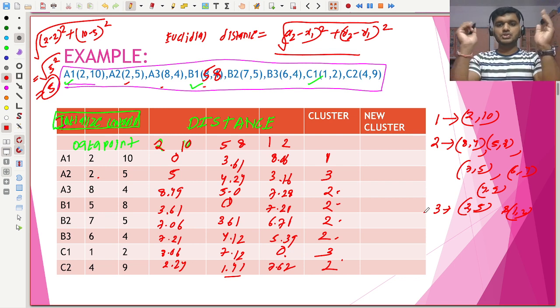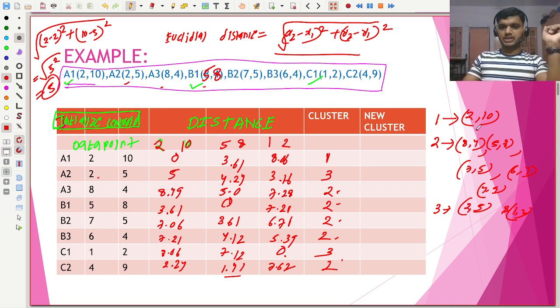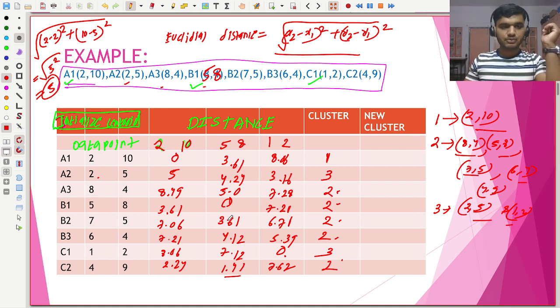So here for cluster 1 there is 1 point, for cluster 2 there are 5 points, for cluster 3 there are 2 points. Now you will calculate the centroid or mean of every cluster. For cluster 1, (2, 10) is present.